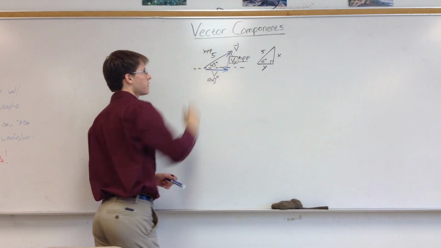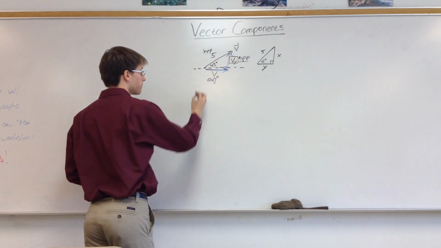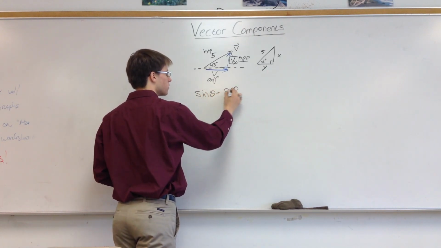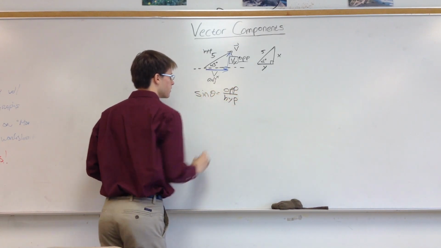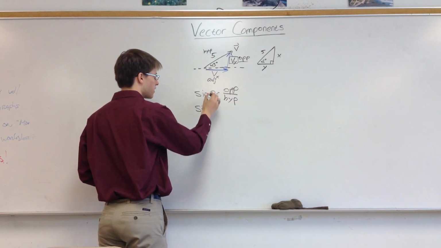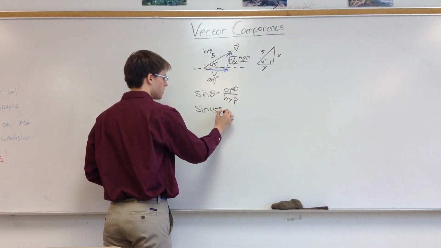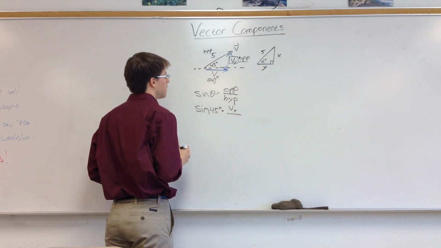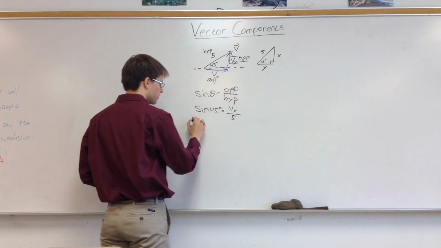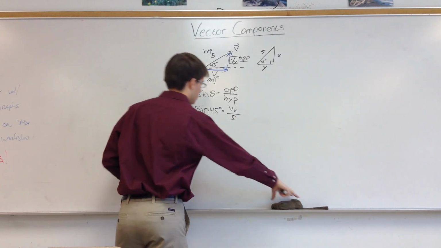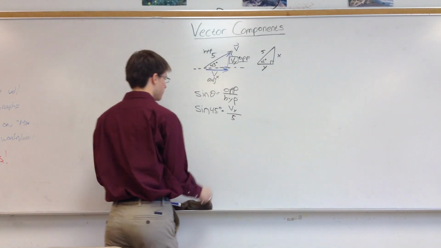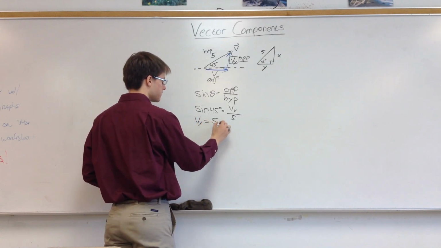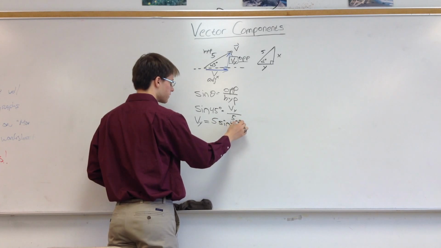We have our hypotenuse, we have our angle, so let's use sine. So sine of theta is equal to the opposite over the hypotenuse. So plugging these in, theta is 45 degrees, the opposite is v sub y, and the hypotenuse is 5. So we have that our y component, vy, is equal to 5 times the sine of 45 degrees.